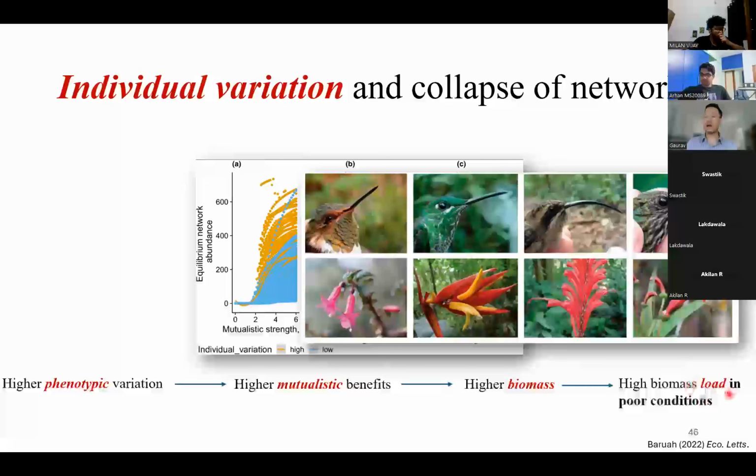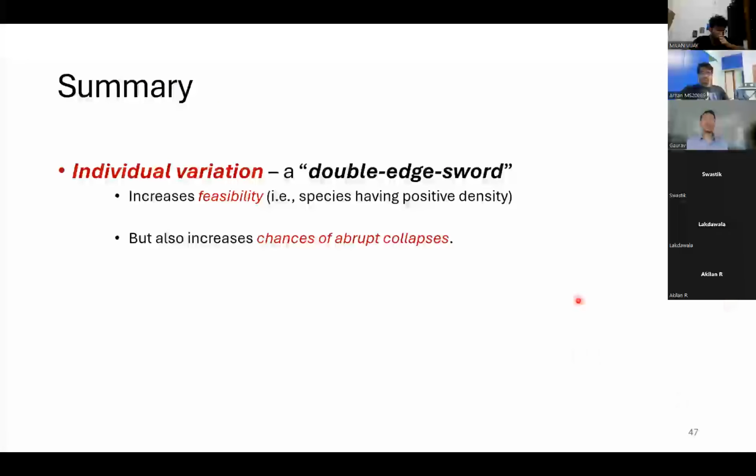Higher biomass leads to higher biomass load in poor conditions, and then once you slightly change the environment, it abruptly collapses. That's what's happening. So basically, individual variation is a double-edged sword, where in some cases it increases feasibility, that means coexistence. But on the other hand, individual variation could also lead to abrupt, sudden collapses.